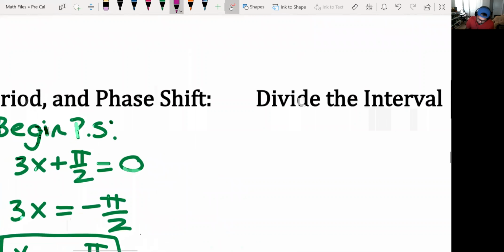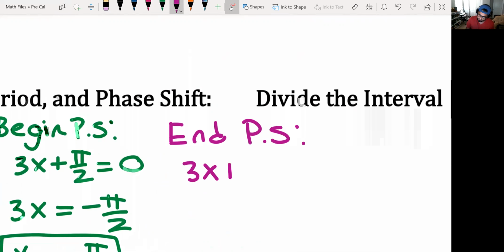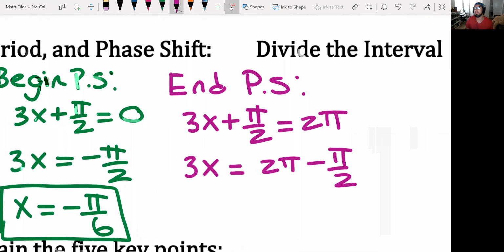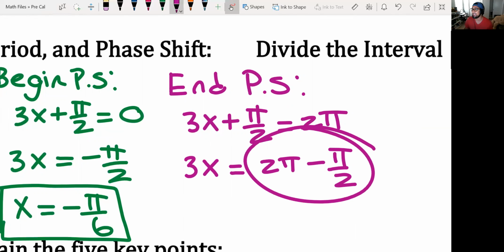And then end phase shift. 3x plus pi over 2 equal to 2 pi. You'll get 3x equal to 2 pi minus pi over 2. It's easier to combine these into one fraction before dividing by 3.